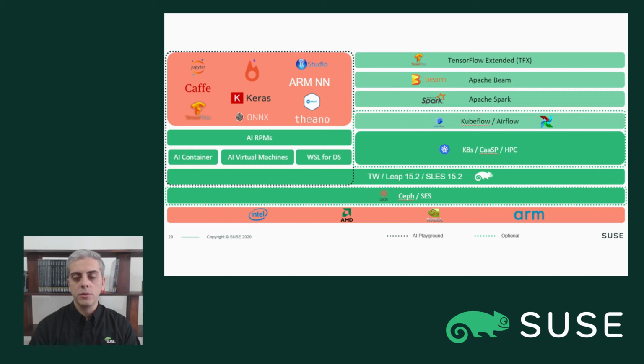The other optional component is represented by Kubeflow. Kubeflow is dedicated to making deployments of machine learning workflows on Kubernetes simple, portable, and scalable. Kubeflow's goal is to provide a straightforward way to deploy the best of breed open source systems for machine learning to diverse infrastructures.